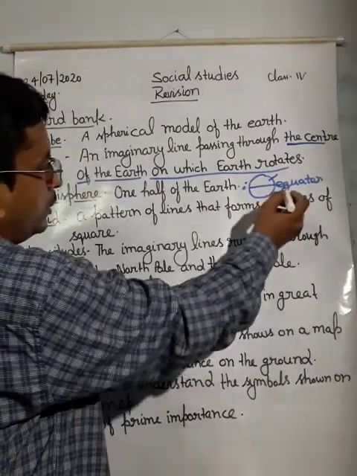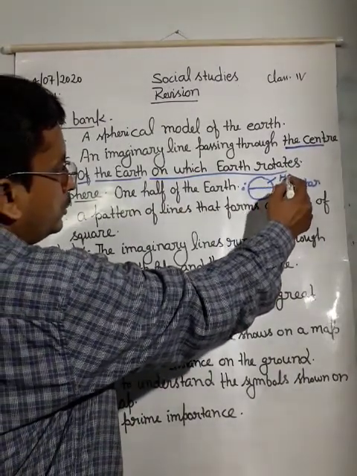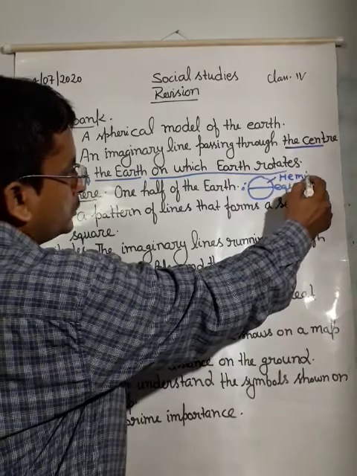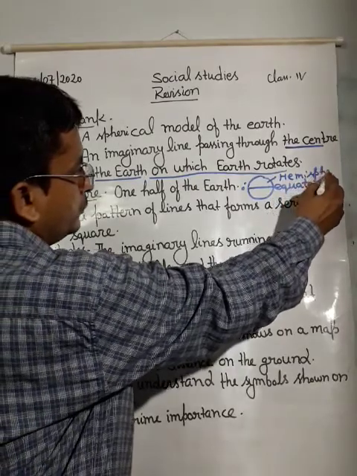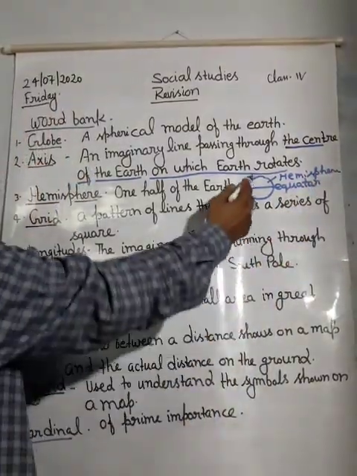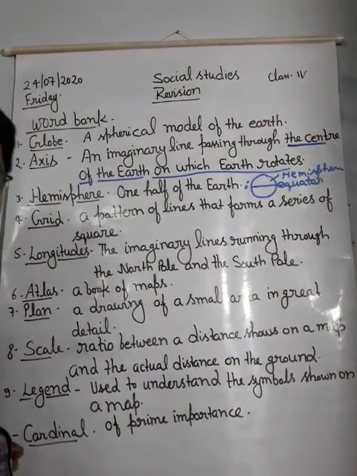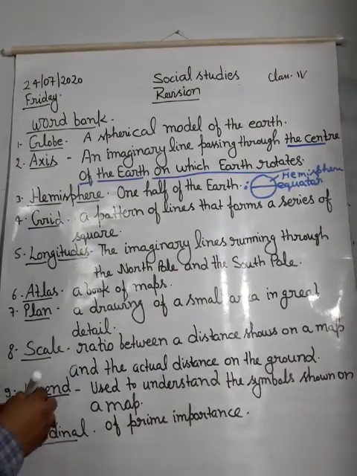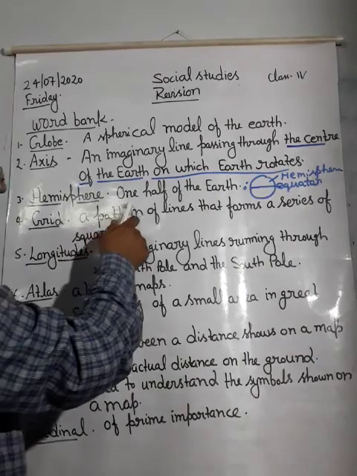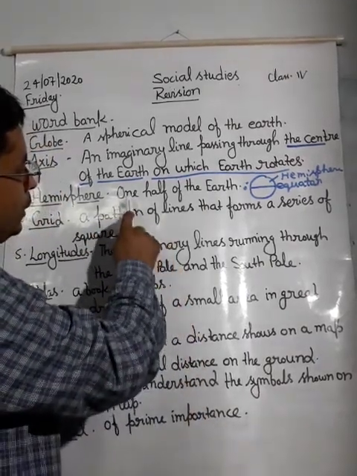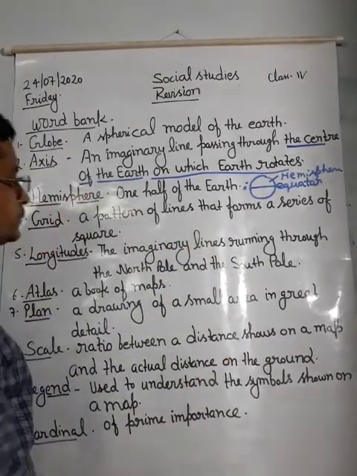One half of the earth is called hemisphere. That is hemisphere. Hemisphere means one half of the earth.